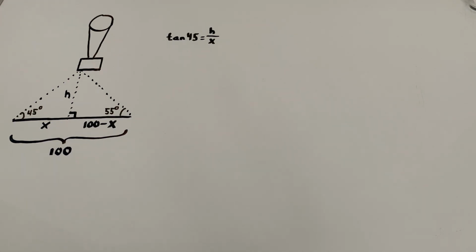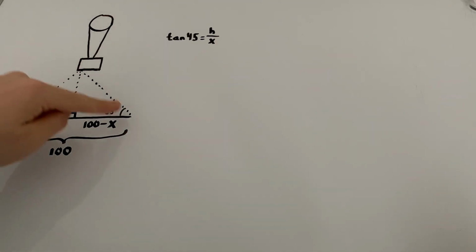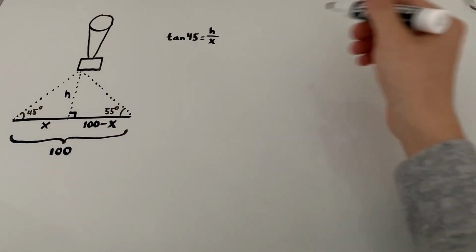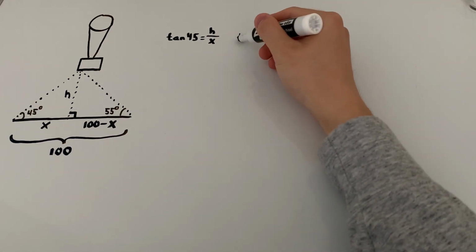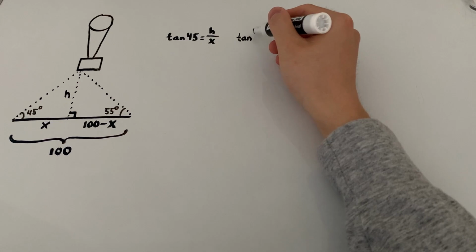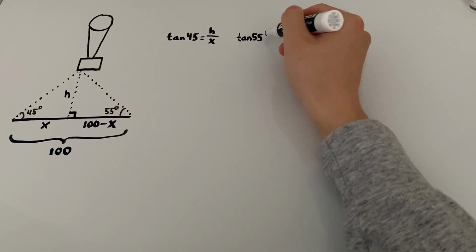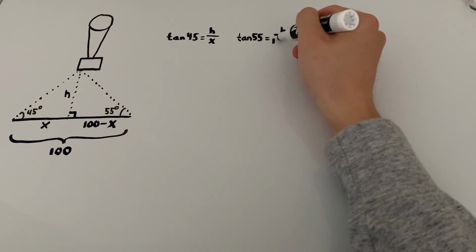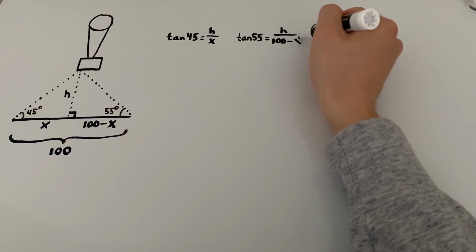This one is pretty long, so hold on tight. But we'll get through it. Okay, that was this triangle. Now let's look at the other one, so involving the 55-degree angle. So this time, tangent 55 is equal to opposite h over adjacent 100 minus x.